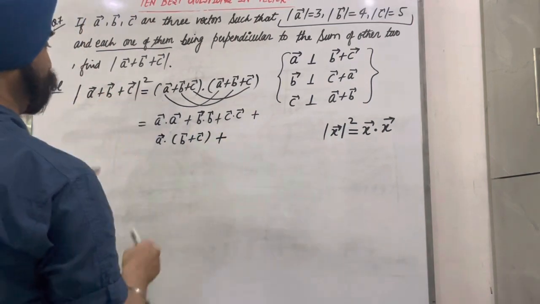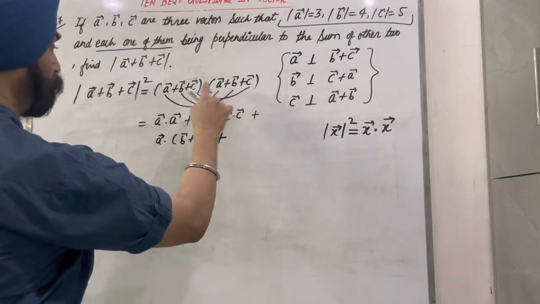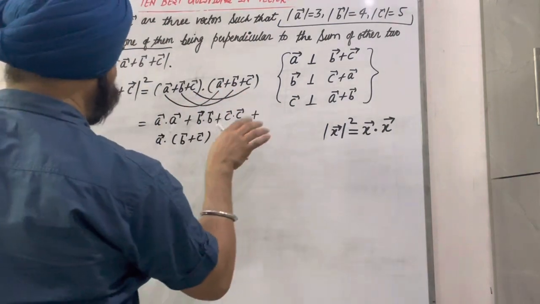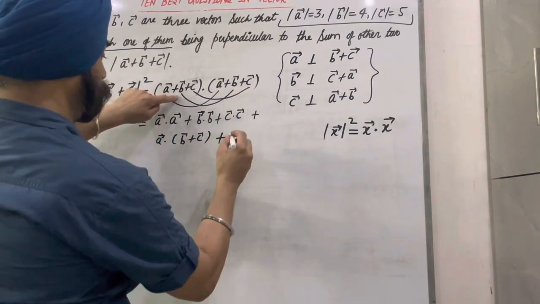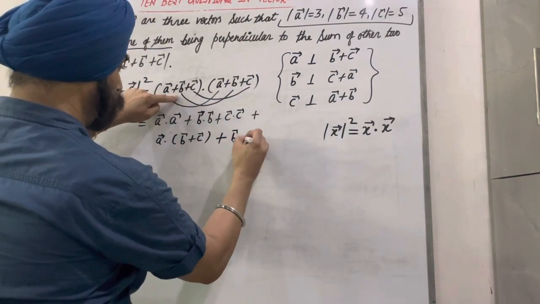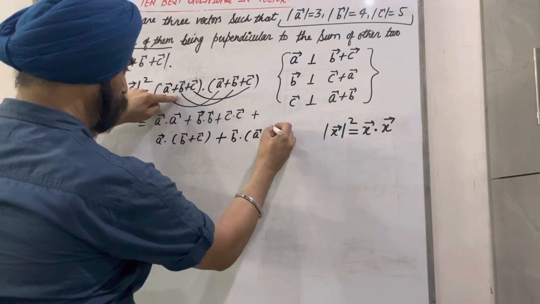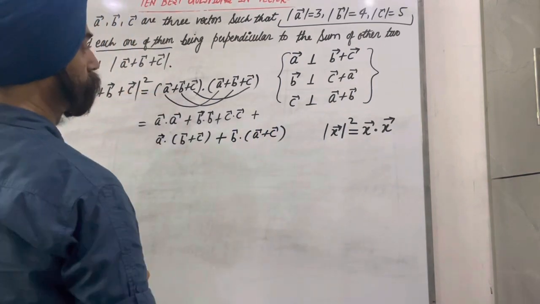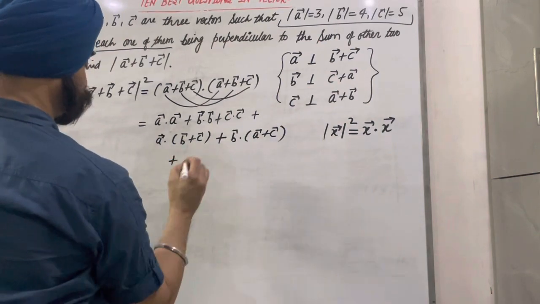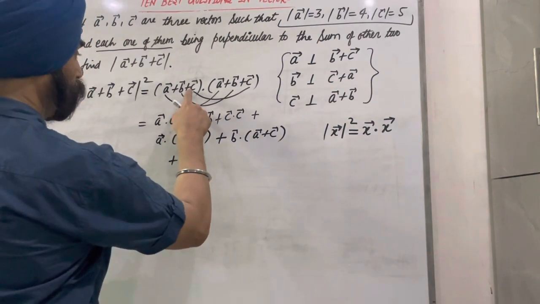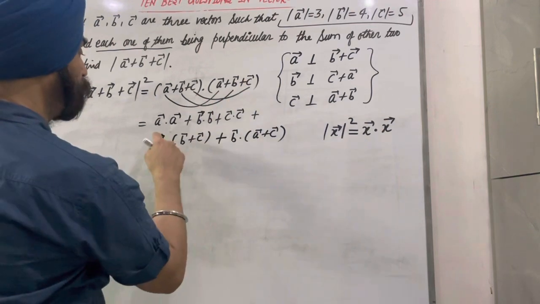Plus. Likewise, I have utilized vector B with vector B only. So vector B with A is left, vector B with C is also left. So I'll be writing it in a manner: vector B dot vector A plus vector C. Plus, till now I have used vector C with vector C here.